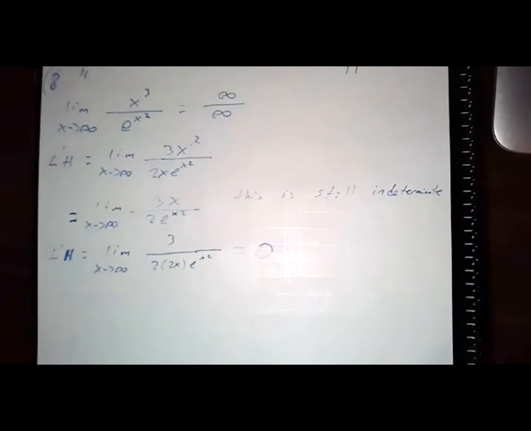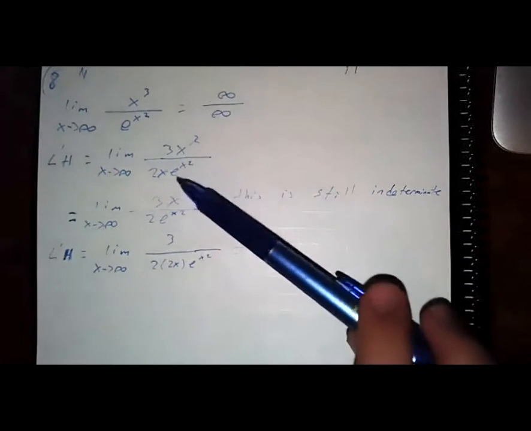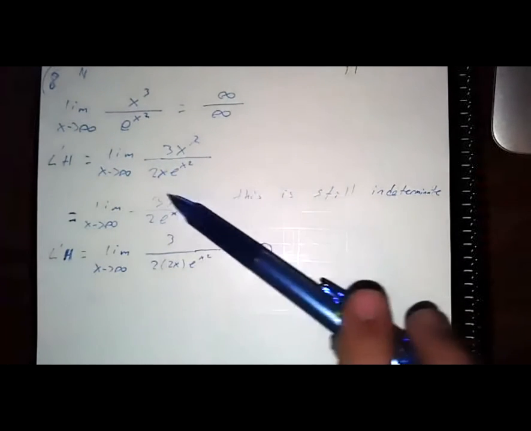Are there any questions about this problem? See, we had to do L'Hopital twice here. Why did an x disappear? We took the derivative of the top, right? What is the derivative of 3x?